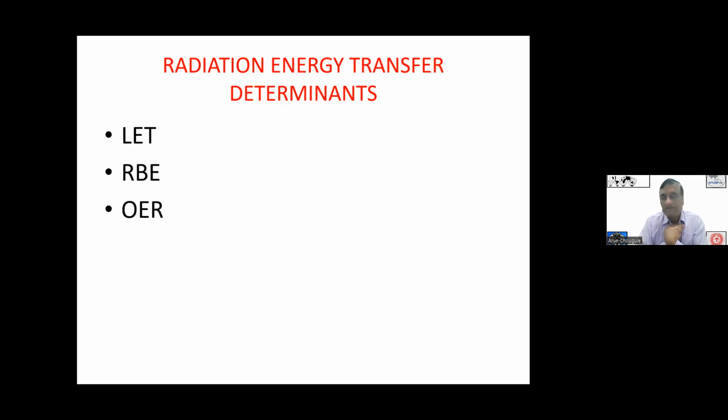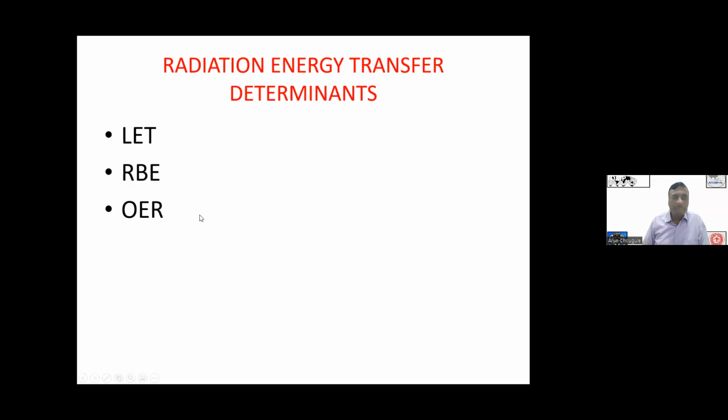It is an alpha particle, a charged particle; uncharged but having mass, a particle; or just a photon, no mass, no charge; and also the tissue sensitivity, the environment, is different. So the relative biological effectiveness of a kind of radiation, that is called RBE, is compared with 250 kV X-ray.